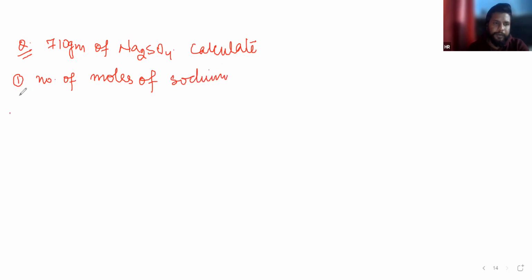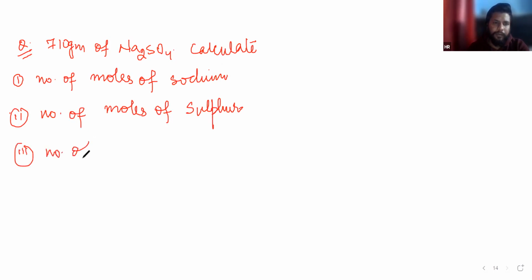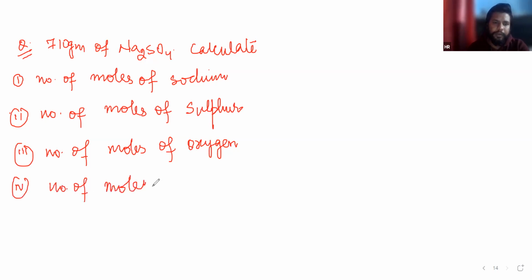B part, the second part, the number of moles of Na2SO4, and the number of moles of sulfur. C part, the number of moles of oxygen. Fourth part, the number of molecules of Na2SO4.